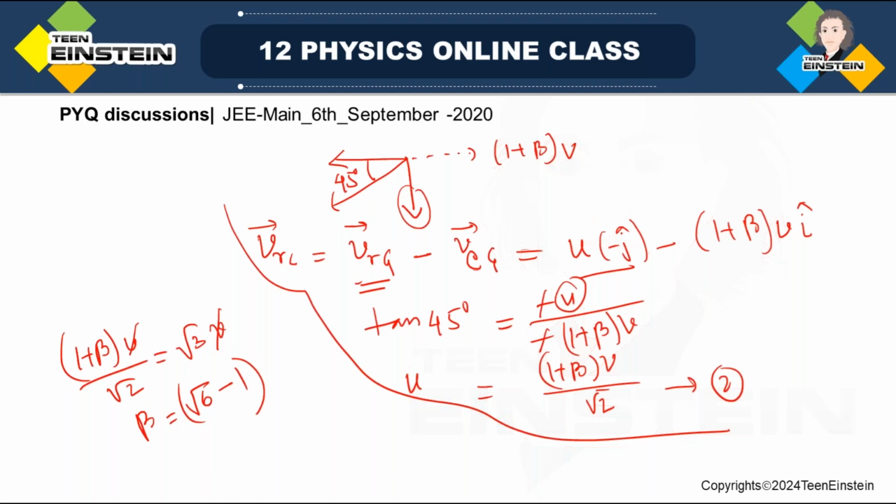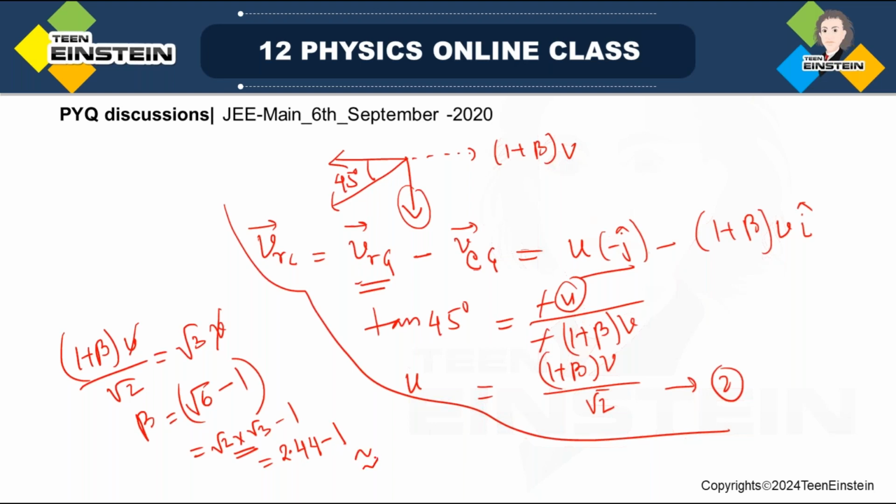Actually, a short way to do that is √2 into √3 minus 1. The multiplication will be nearly 2.4, if I take the first or second decimal approximately.